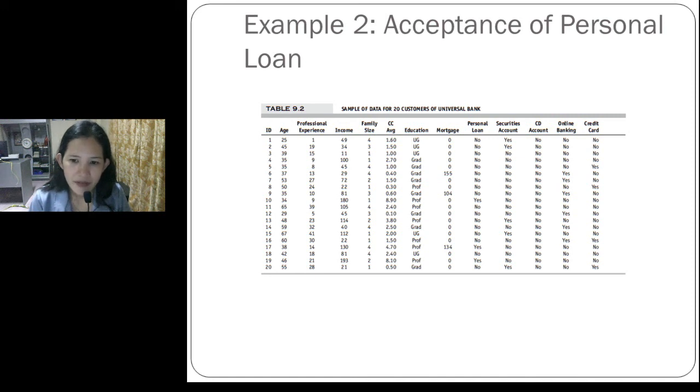Among these 5,000 customers, only 480, which is 9.6%, accepted the personal loan that was offered to them in the earlier campaign.